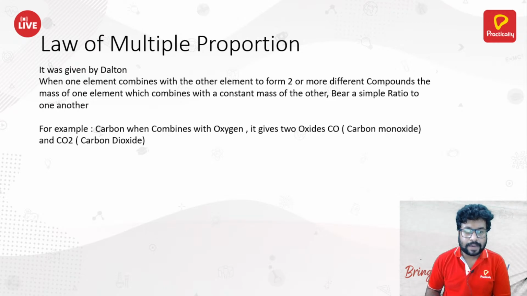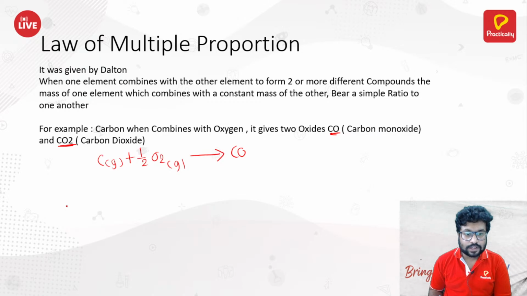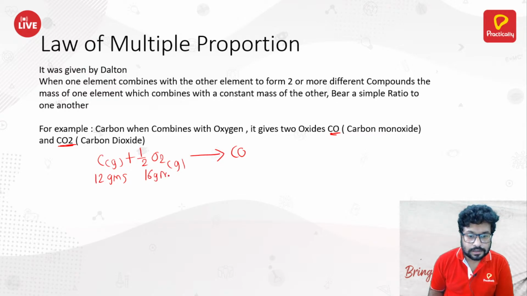See, carbon when it combines with oxygen gives you two kinds of oxide. One is CO, carbon monoxide. Another is CO2, that is your carbon dioxide. So if you take carbon, it combines with half O2, that is also a gas, it gives you CO. So if you take the mass of it, you can have 12 grams of carbon and you will have here how much? 16 grams of oxygen.